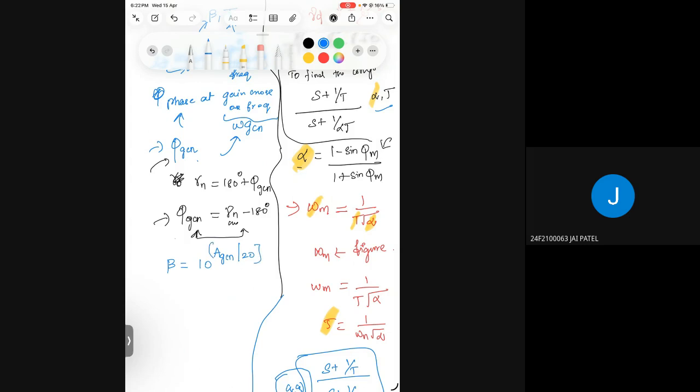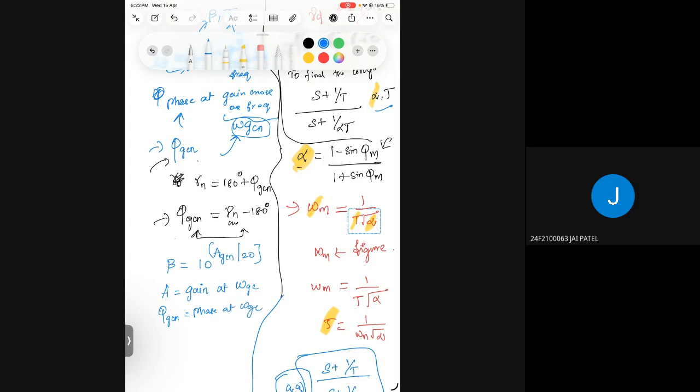Then you wonder what is AGCN, right? So your AGCN is the gain at the new gain crossover frequency. What is gain crossover frequency? So A is gain at omega GCN, where phi GCN is phase at omega GCN.